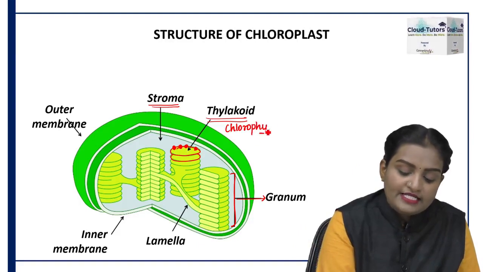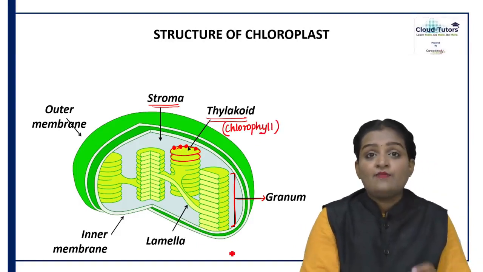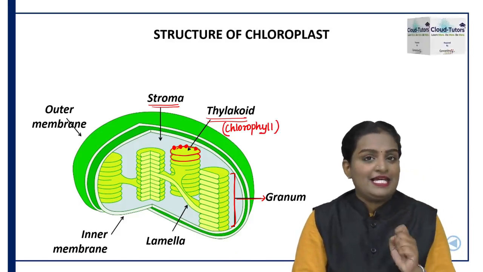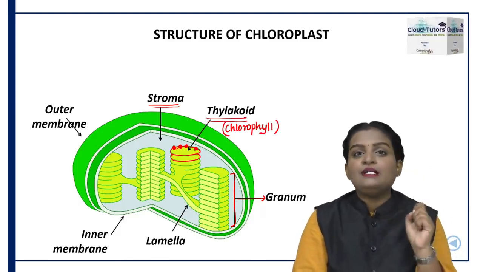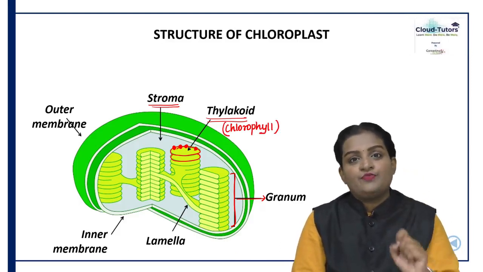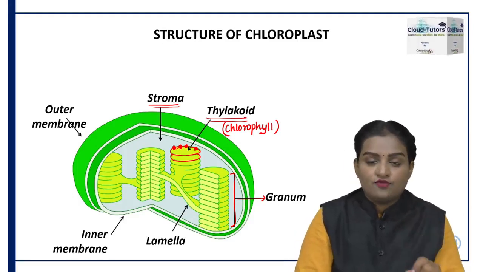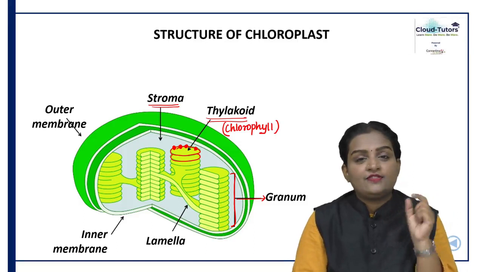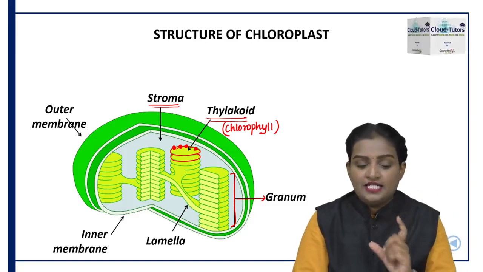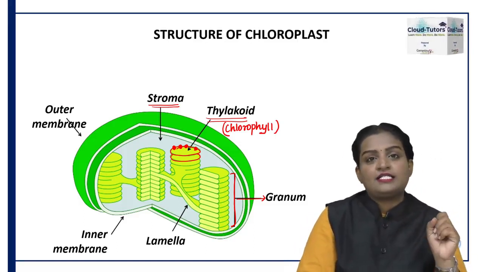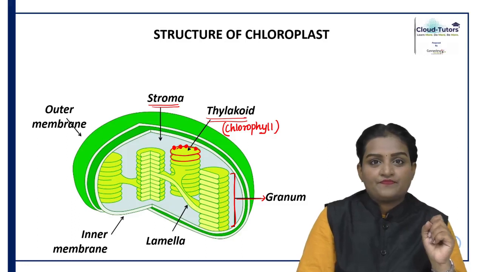Chlorophyll pigment is the one which is helping us to trap light energy. Without them, the plant also can't perform photosynthesis. Now, thylakoid membrane has chlorophyll, so photosynthesis first starts from here, and it also occurs in the stroma.